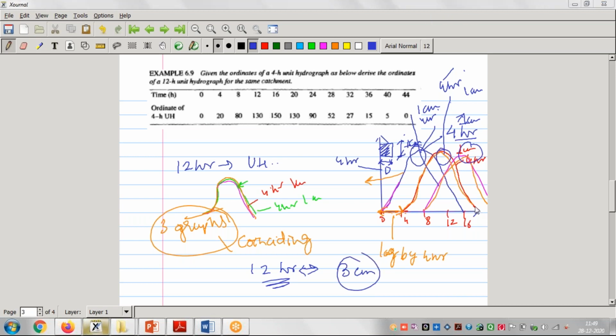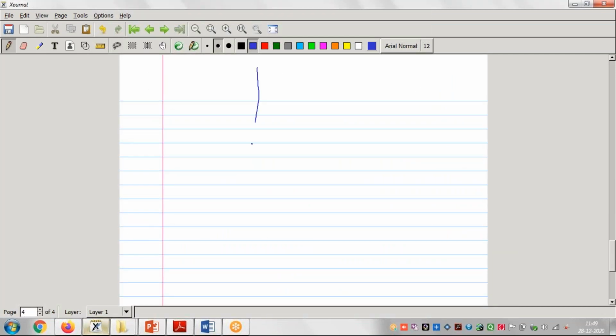In the question, he is asking that on the X and Y axes you draw the graph for 12 hours, but that should be only for 1 centimeter rainfall.